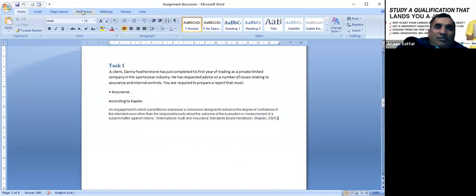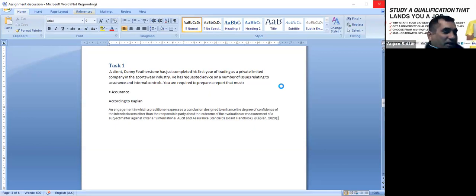You can use the reference button from here, called insert citation. You can do it manually, it's entirely up to you, but using the MS Word function can create the list of references properly for you as well. That's quite a good way.